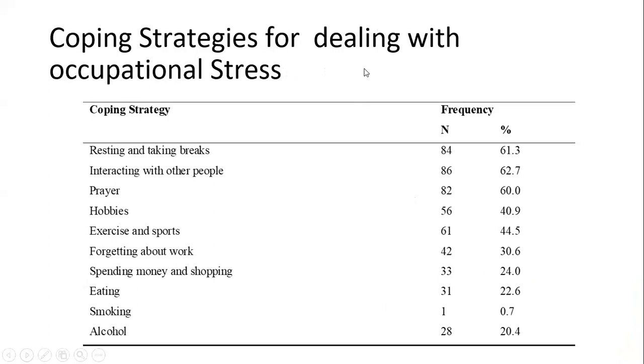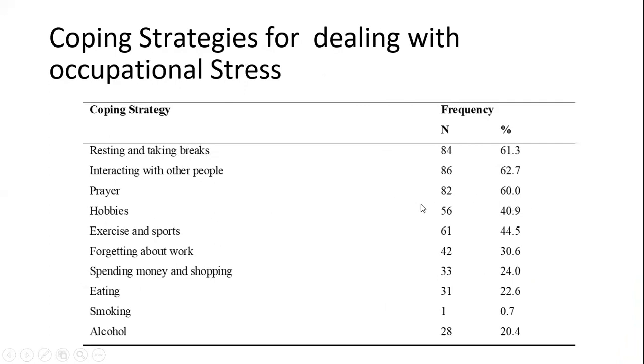In terms of coping strategies that the respondents adopted, there are several that we evaluated. I think the most common would be taking rest and breaks. That's the most commonly adopted. Interacting with other people.